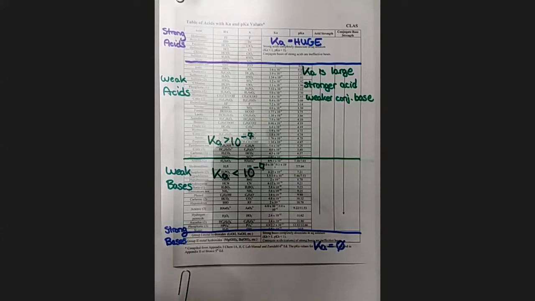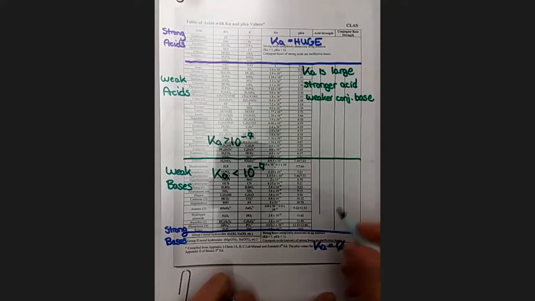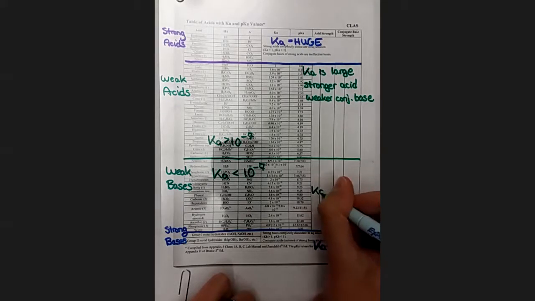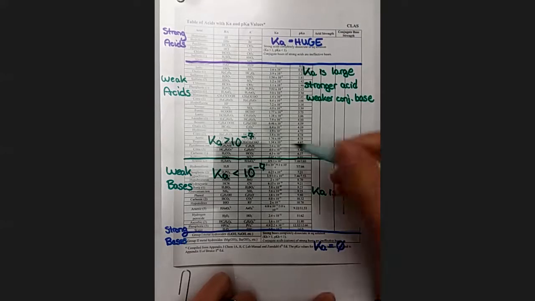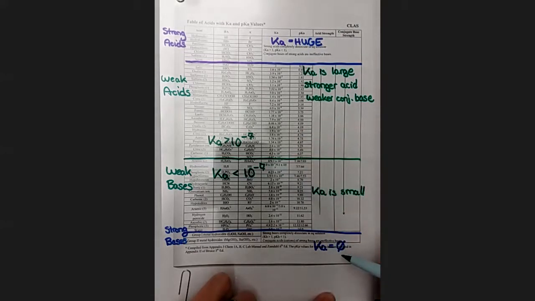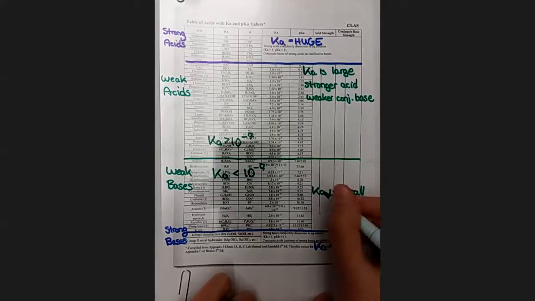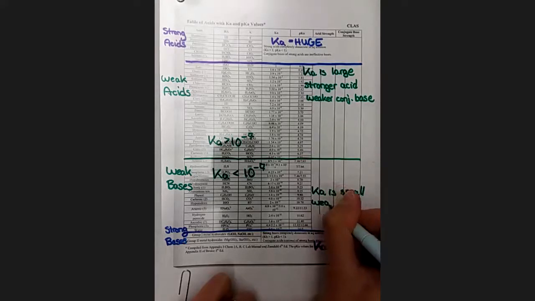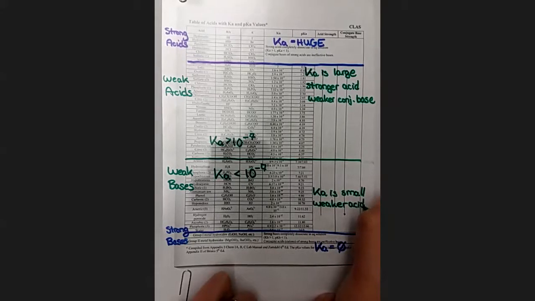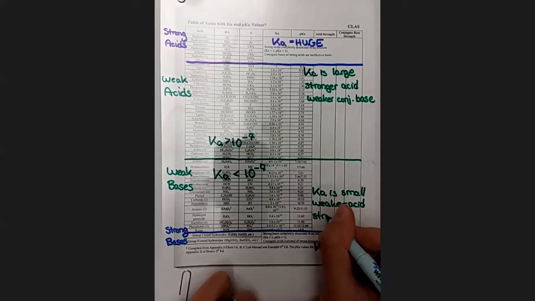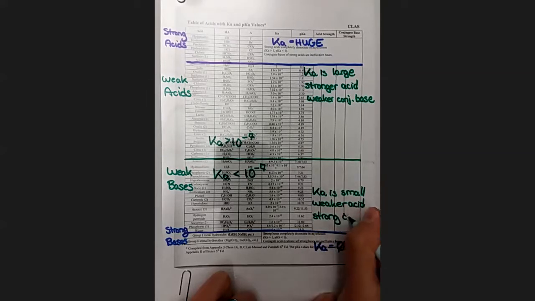If we go down to the other end of the acid list, where the acids are truly terrible, our Ka is going to be very small, somewhere between 10 to the negative 7th and 0, admittedly a wide range. But if we have a small Ka, we're going to have a fairly weak acid, much weaker than the strength of its conjugate base.